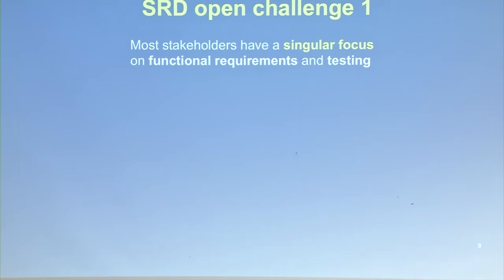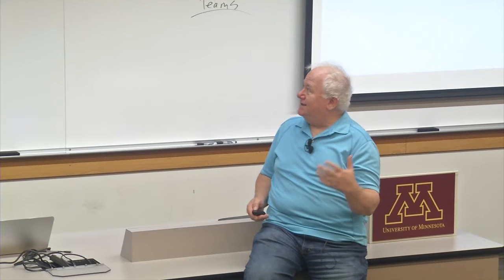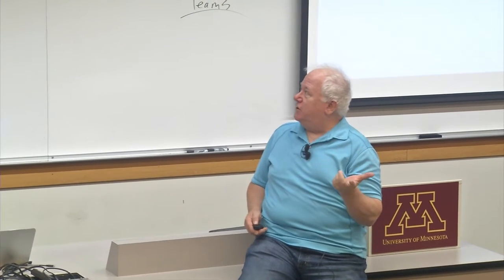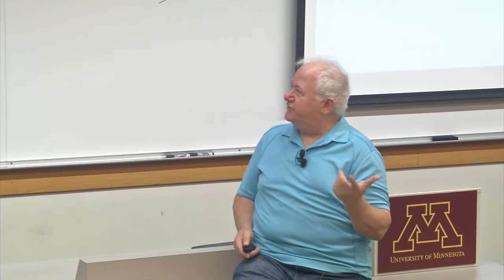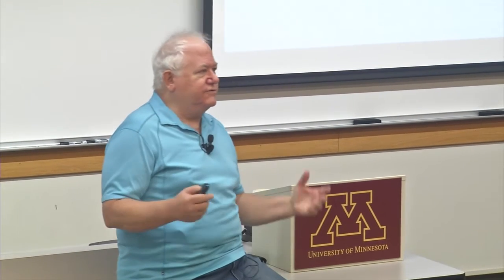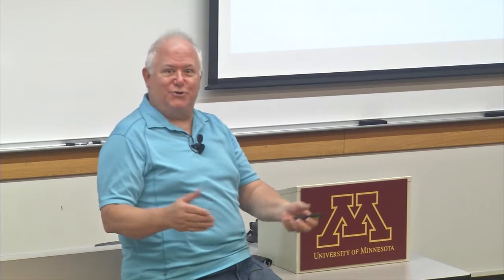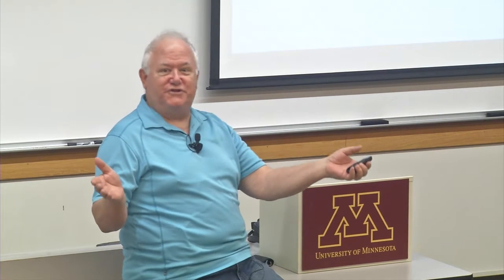Okay, so there are still a bunch of things that are true about requirements development in the world, at least I believe they're true. Most stakeholders have a singular focus on functionality and testing. And that's not only true of developers, it's true of customers in general. You know, this is what I wanted it to do. It's a natural thing. We build software to do stuff.